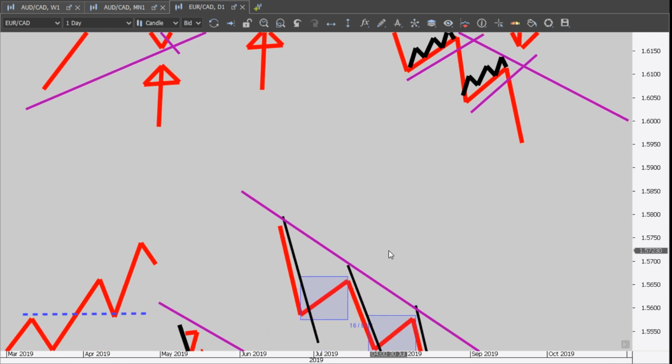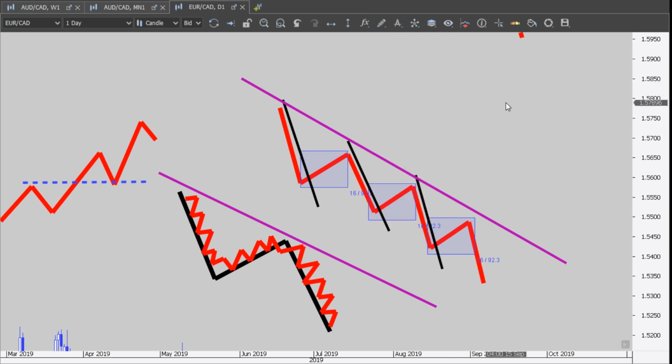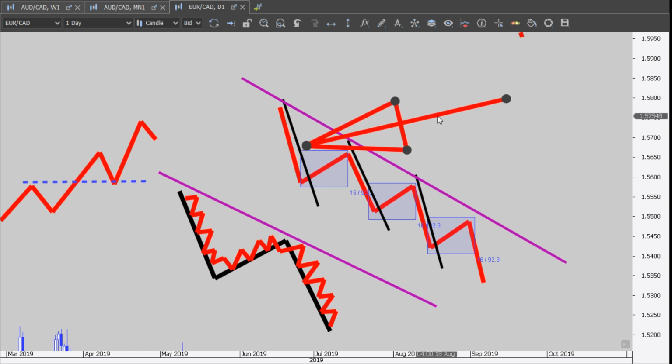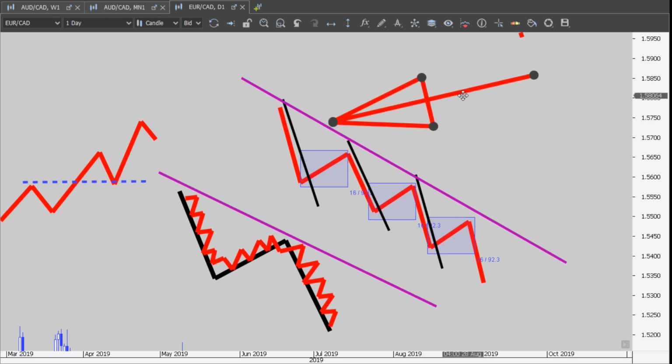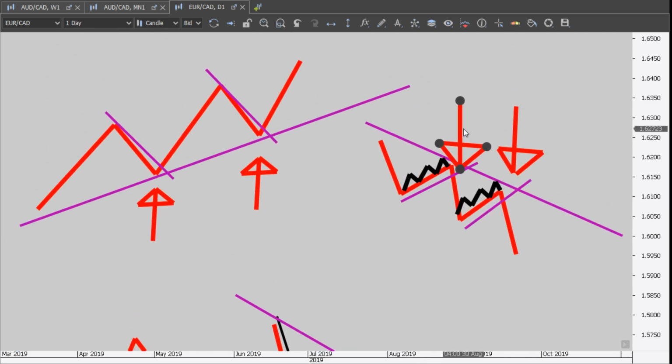Now, I just drew a counter trend line, the black line, on the end of the extension. So you could be thinking, oh no, but you said... yes, but this was before.